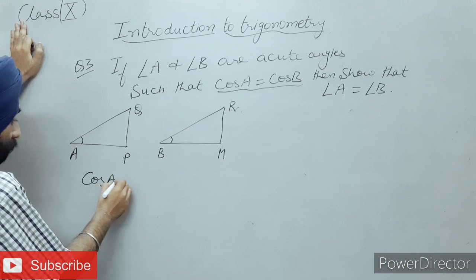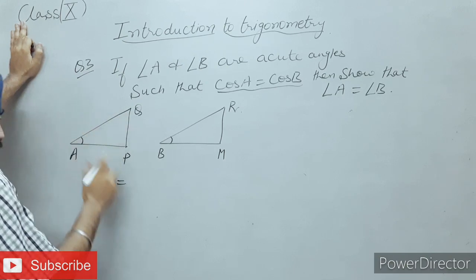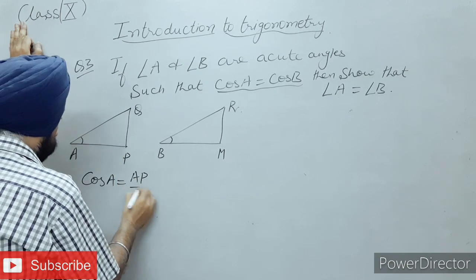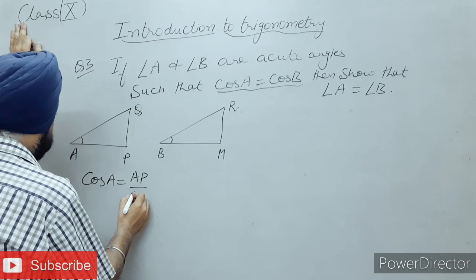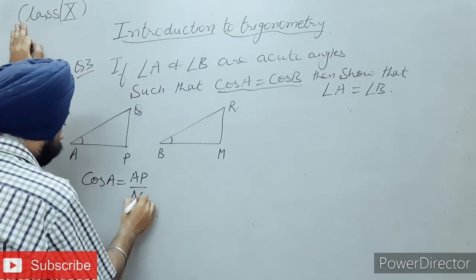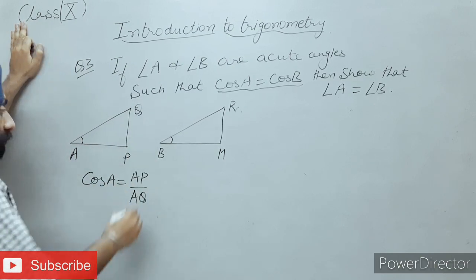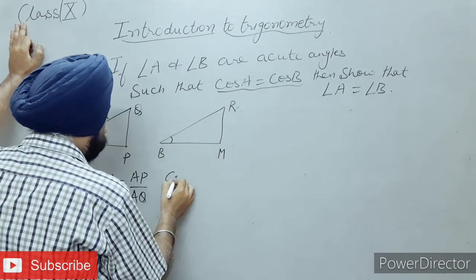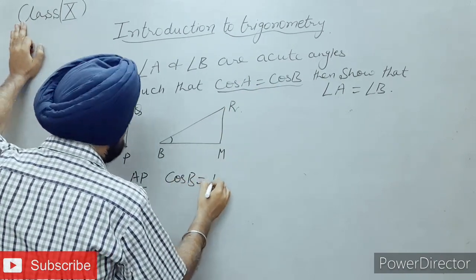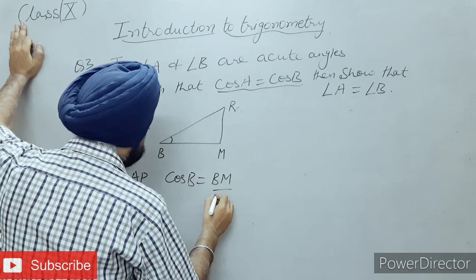Cos A is base upon hypotenuse, and cos B is again base upon hypotenuse.